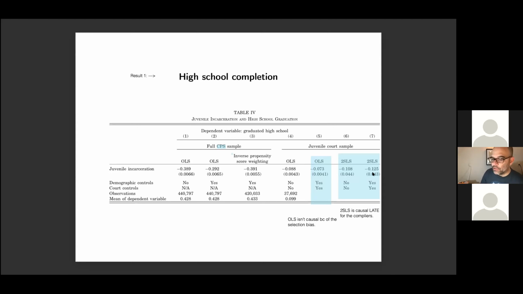And it is larger, 12.5%. What does it mean? If incarcerated as a child, that child is 12.5 percentage points less likely to finish high school, caused by juvenile incarceration, not selection bias, if the 5 assumptions of IV hold. Okay, that's the thing you want to keep in mind. We need all 5 assumptions of IV to hold.